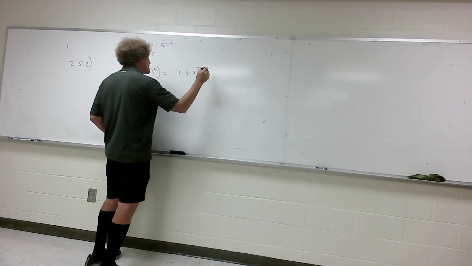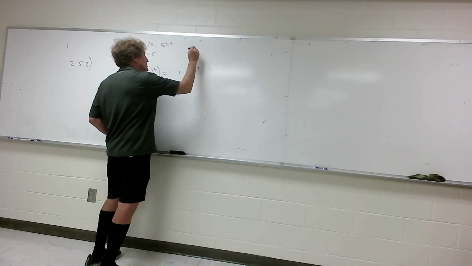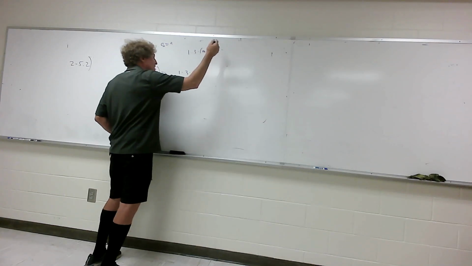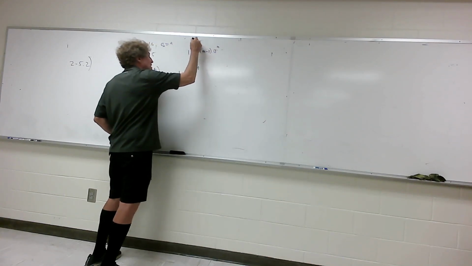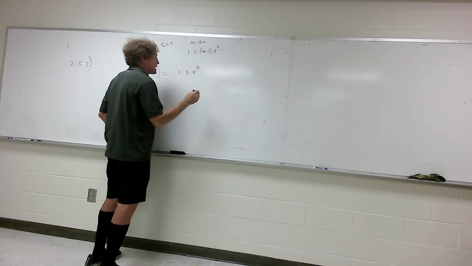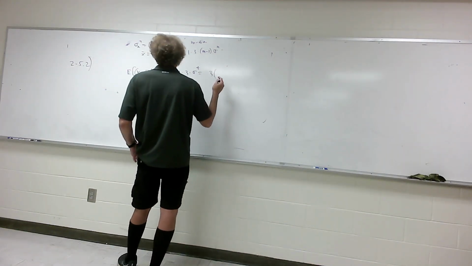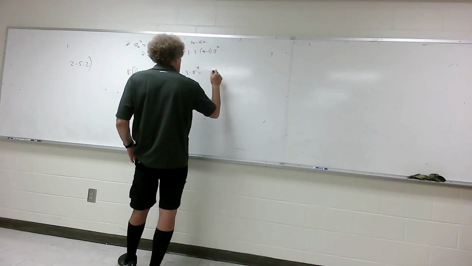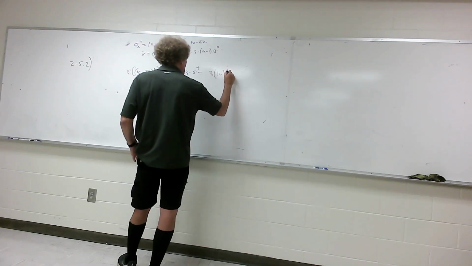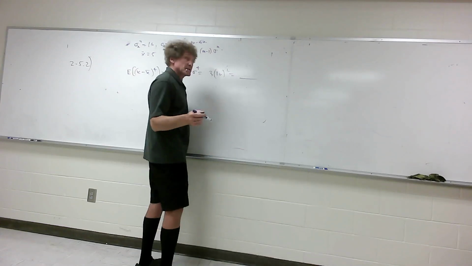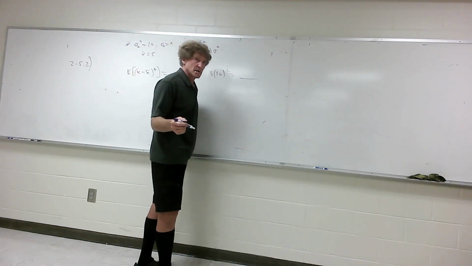The formula I'm using is 1 times 3 times up to m minus 1, times sigma to the m if m is even. And that's going to be 3 times 4 to the 4th, which is 16 squared. What is that? Is it 256?